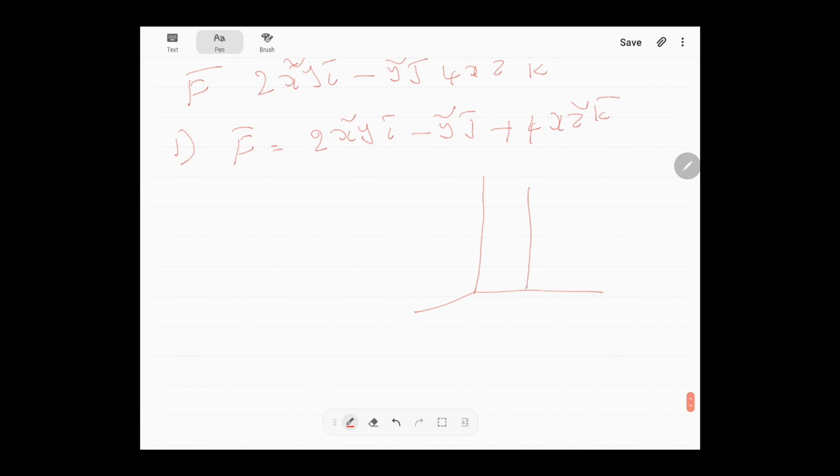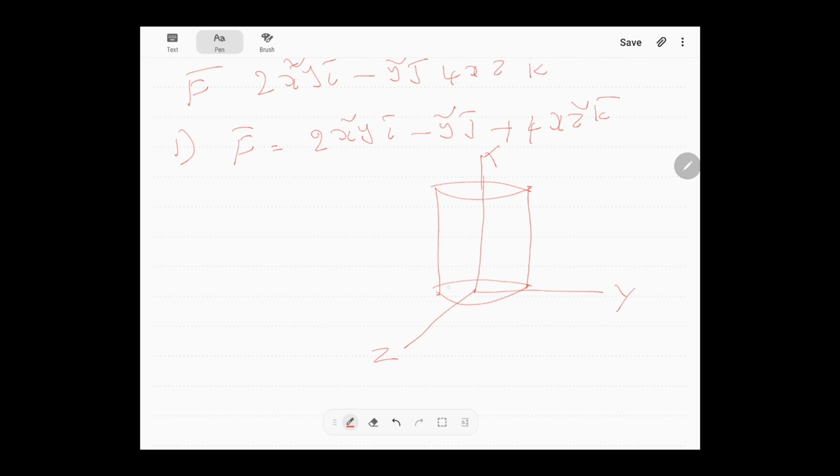This is my y axis, this is my z axis. Actually, y square plus z square equal to 9 is the cylinder whose axis is the x-axis.